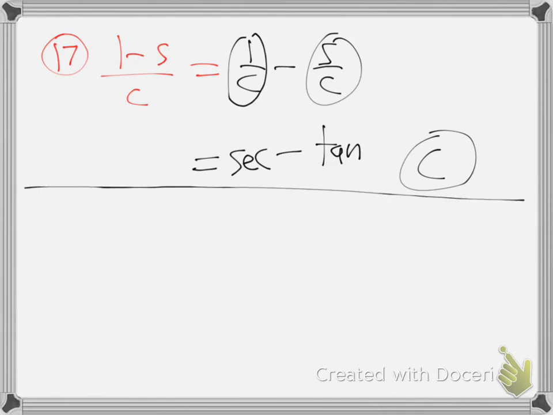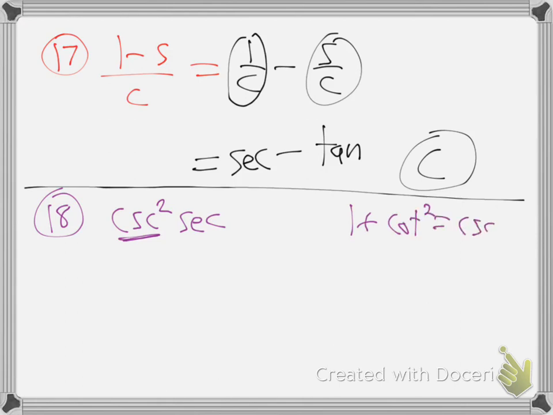Answer C again. Finally, number 18. Number 18 says cosecant squared times secant. When I see cosecant squared, I'm thinking of the property we have: 1 plus cotan squared is cosecant squared. So I'm going to replace this cosecant squared with 1 plus cotan squared.